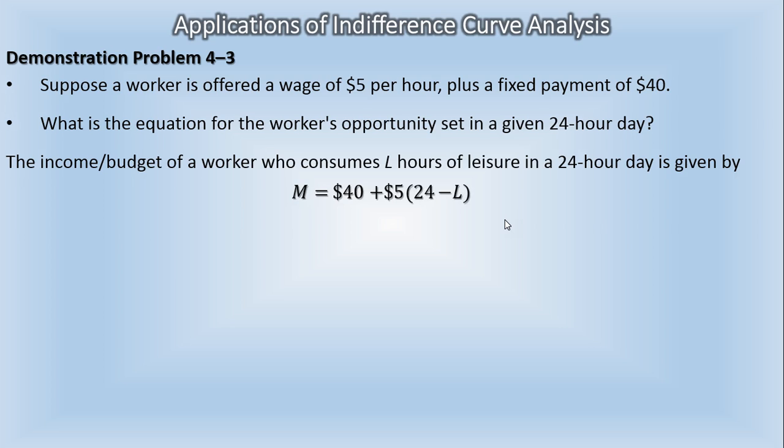L is the amount of leisure, so 24 hours minus that is going to give us the amount of hours she works. So therefore, that is going to be her fixed payment plus her income. We can distribute this out. So we have 5 times 24 is 120 minus 5L there. 120 plus 40 is 160. So M = 160 - 5L is the equation for her budget set.